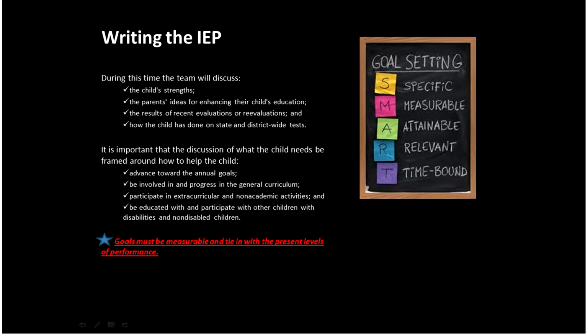One of the main things about writing goals and having them connect is to have them connect with the present levels of performance. So we really want to make sure that those ideas flow together. The other part is we really want to make sure that they're measurable. If the goals aren't measurable, we're going to have a very hard time determining whether progress and achievement has been met.